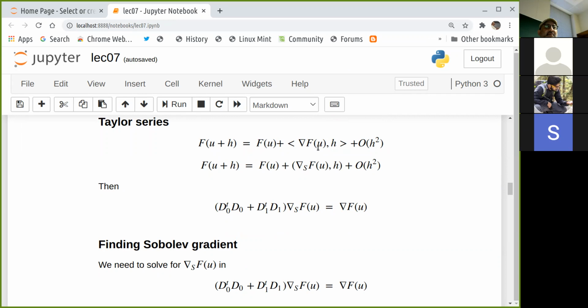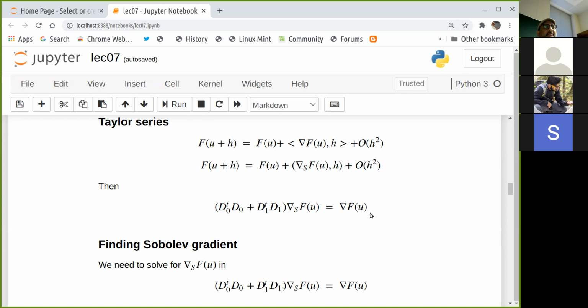So given the usual Euclidean inner product giving us a gradient, the relationship between the Sobolev gradient and the gradient we calculated last time is that d0 transpose d0 plus d1 transpose d1 acting on the Sobolev gradient is equal to the Euclidean gradient.